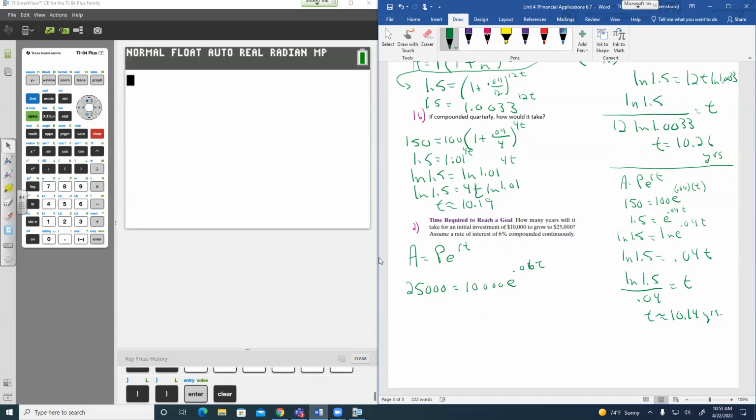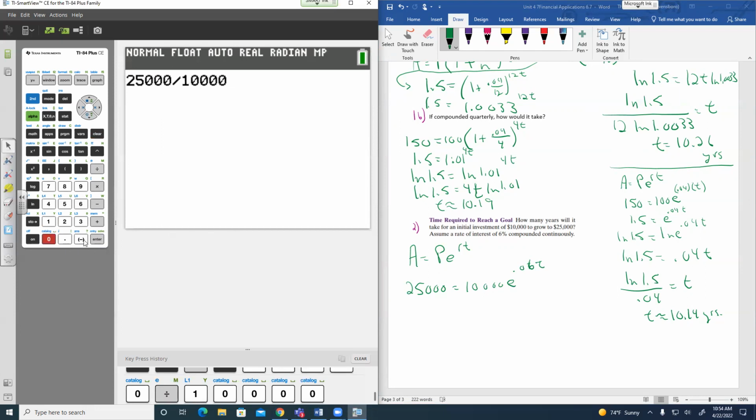So again, we can divide each side by this 10,000 to clean it up a little bit. So 25,000 divided by 10,000. So we get 2.5, that makes sense. So 2.5 equals e to the 0.06t.